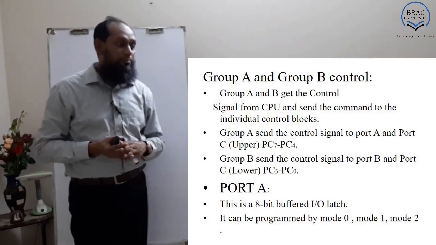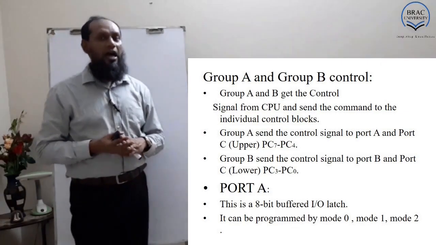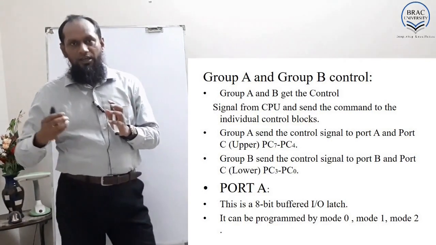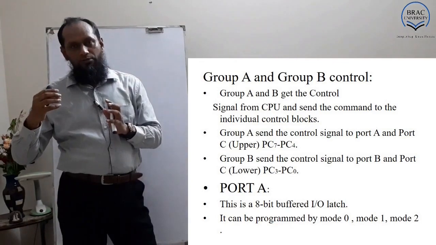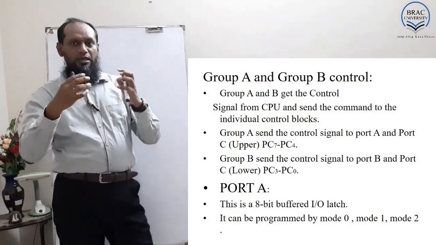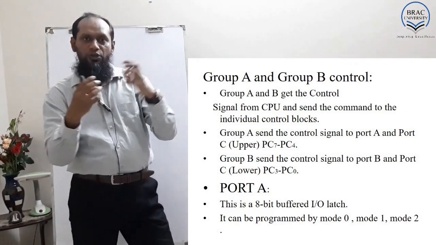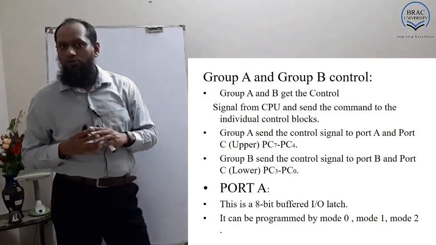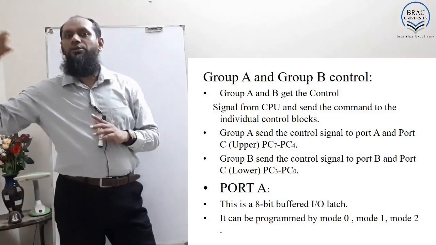Port A is an 8-bit buffered I/O latch. Buffer relates to the fan out and fan in issue. When someone gives 0 or 1, 0 means around 1 volt, 1 means more than 3.5 volt.